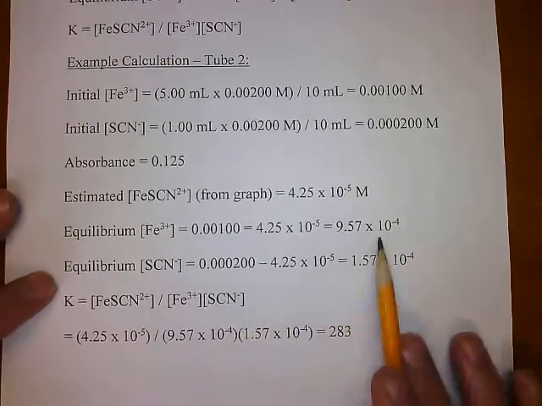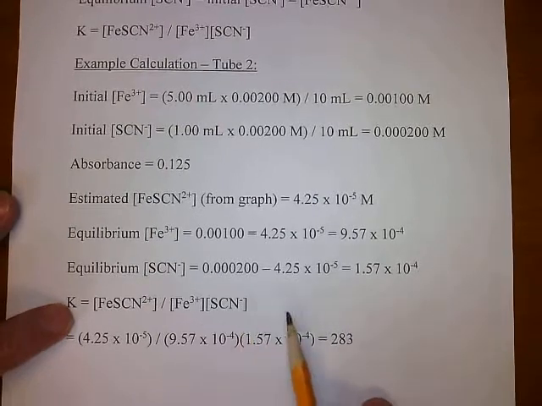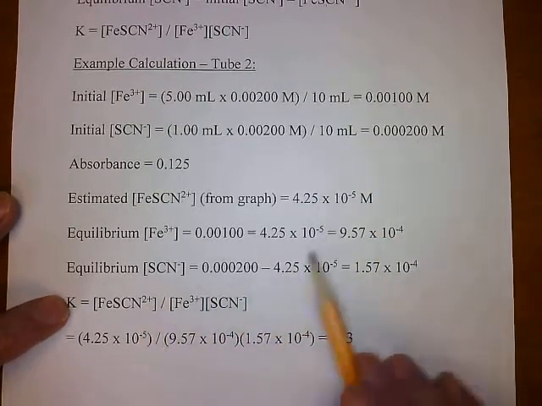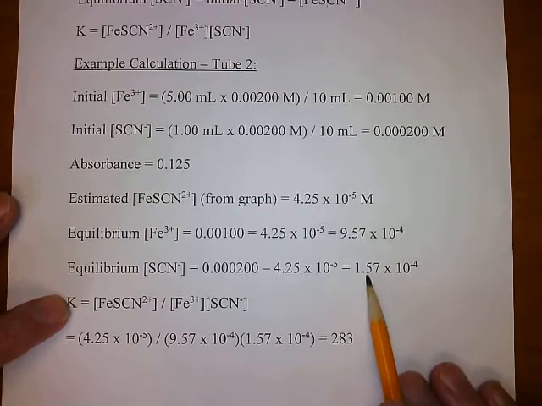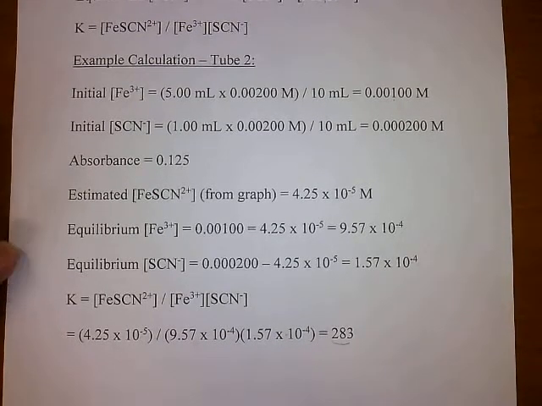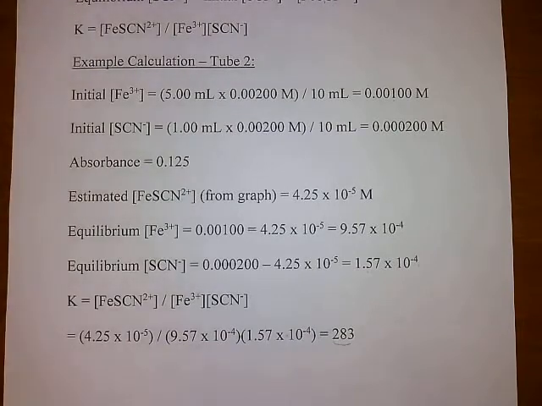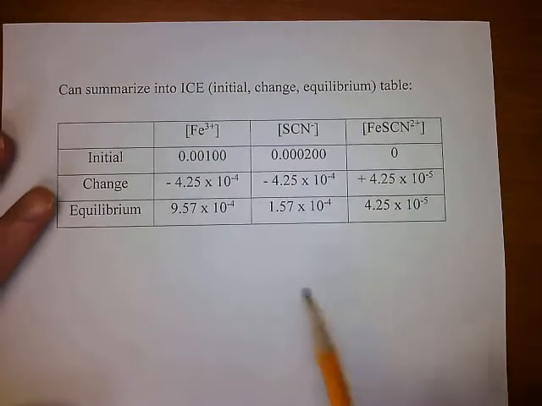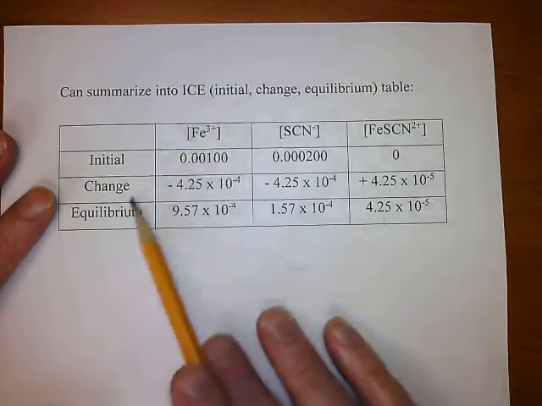Now we can plug all these numbers in, right? So this number divided by the product of these two numbers. So this number divided by this number divided by this number comes out to be 283.